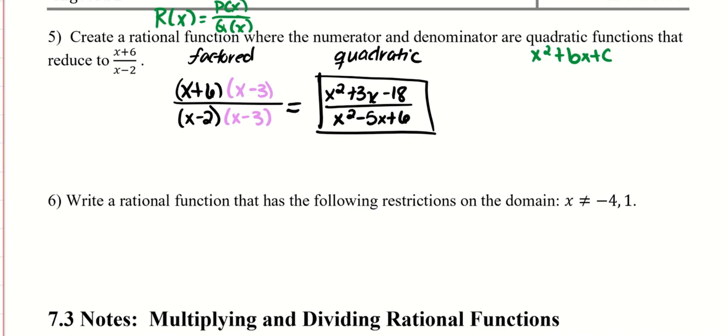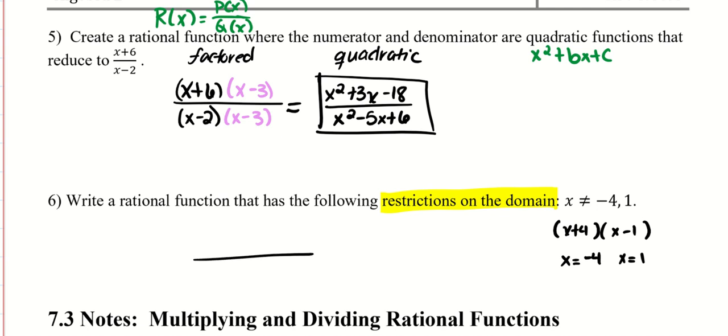Last question. We're going to write a rational function that has the following restrictions on the domain. If we have restrictions on the domain, we're looking for a denominator that has two factors in which the restrictions would be x equals -4 and x equals 1. So we have x plus 4, x minus 1. This is going to be our denominator.